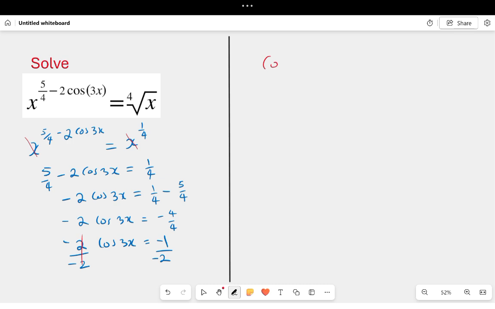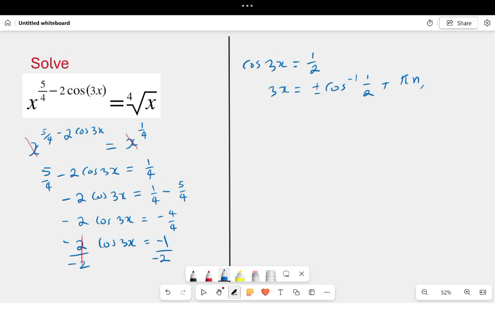Now we have cosine 3x is equal to 1 over 2. And 3x, therefore, is going to be plus or minus the cosine inverse of 1 over 2 plus pi n, whereby n is an integer.